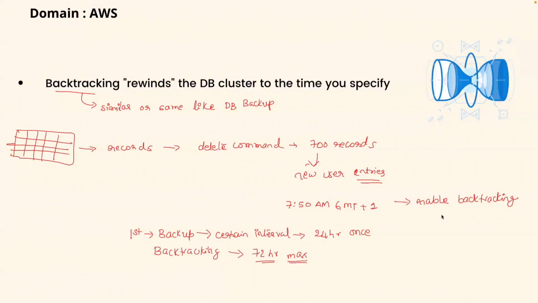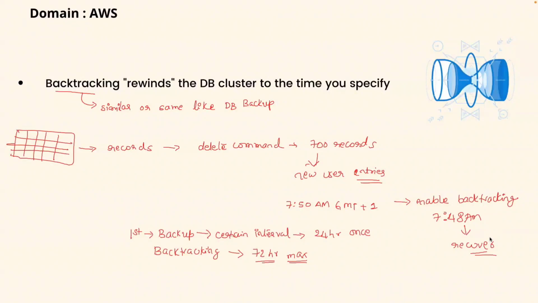So backtracking is a smaller, compressed backup methodology, which only holds the changes from the last 72 hours incrementally. This will help you perform quick actions and recover from database mistakes pretty quickly. 72 hours is a lot for any kind of mistake to be identified in a database.